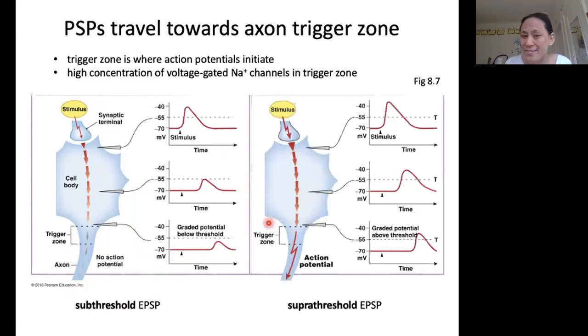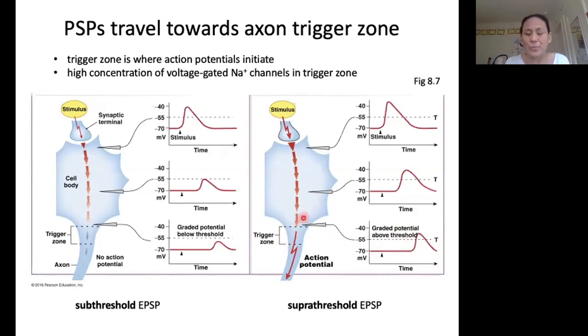In contrast, we can look at this situation where we're starting with a larger EPSP. Okay, see how it's larger than this one right here? It's larger, and it's going to degrade over distance, just like the other one did, right? But in this case, even though it has degraded, it is still big enough to reach threshold by the time it reaches the trigger zone.